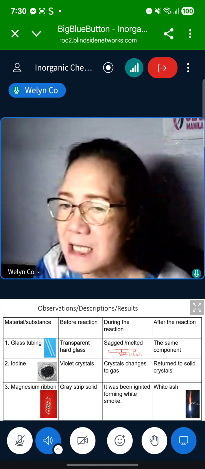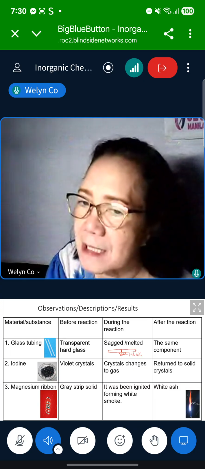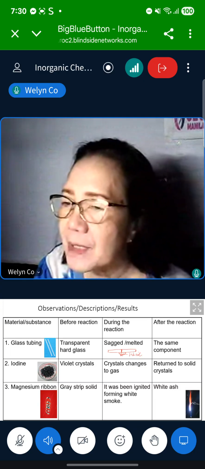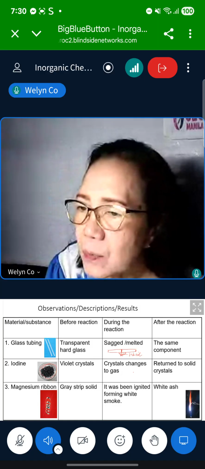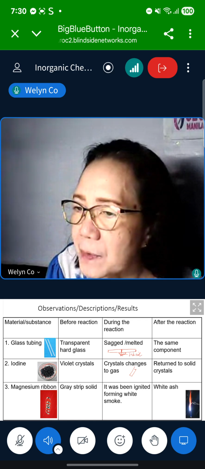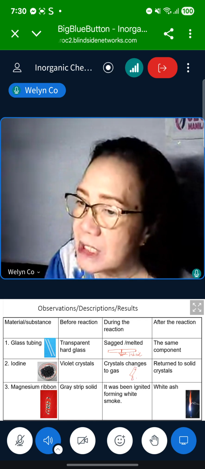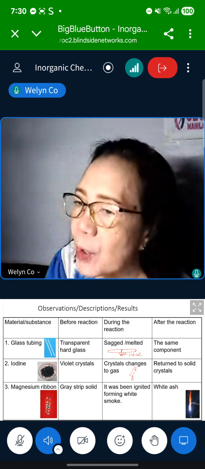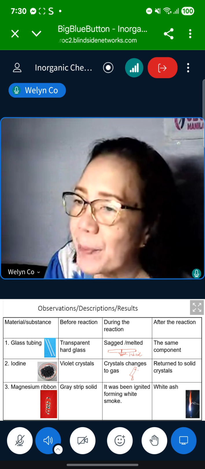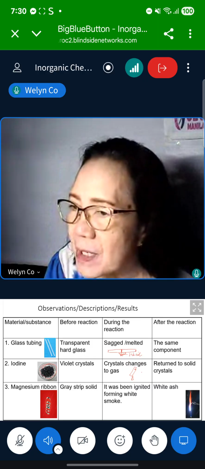For the iodine crystals, these are our violet crystals. You can see the crystals here. When we heat it, we place it into the test tube, which is stoppered while heating. The change is that the solid will form into a purple-colored gas. Okay?